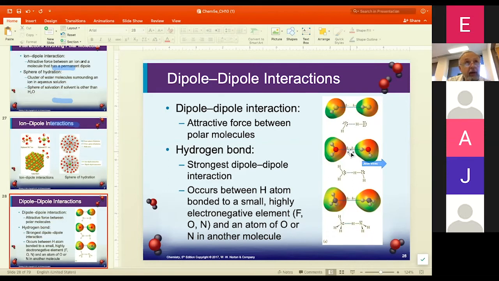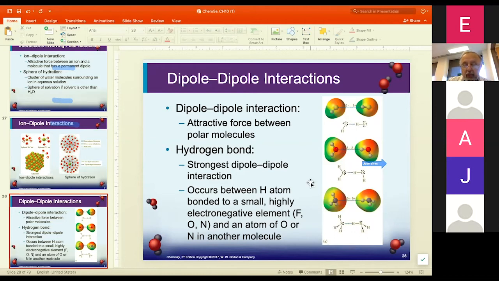Although HF is higher in molecular weight, yet it boils at a lower temperature, and that is because you can use molecular weight only when you have only dispersion forces. So if you don't have any other kind of forces, when you have dipoles, then that rule of the molecular weight doesn't apply anymore.